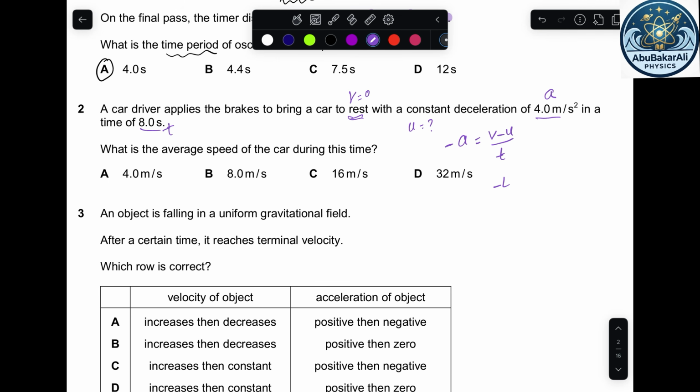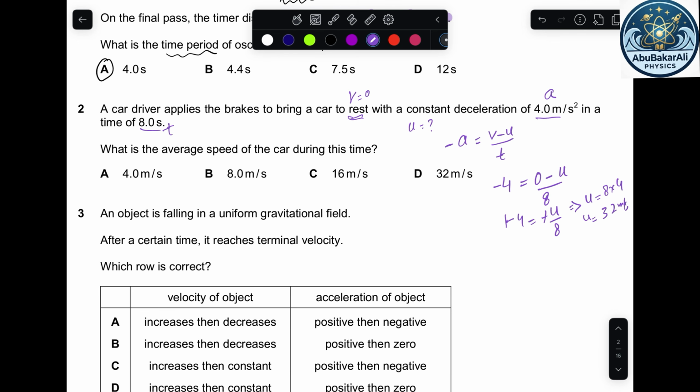So I can write minus 4 equals 0 minus u, that is unknown, divided by the time, that is 8. So minus 4 equals minus u divided by 8. The minus signs will cancel out. So u equals 8 times 4, that will give you 32 meters per second. That is the initial speed.